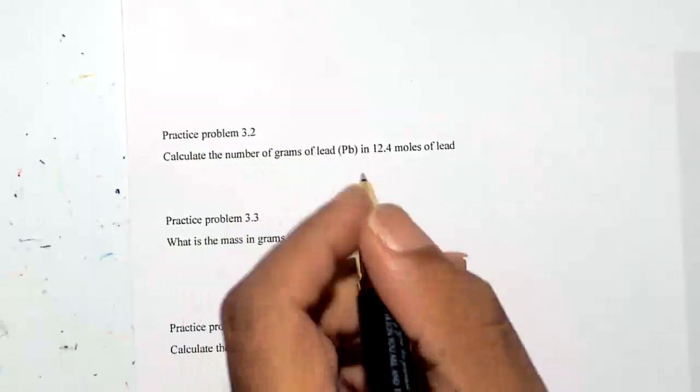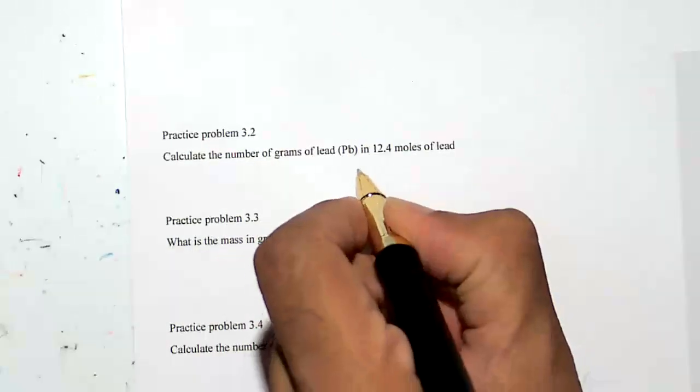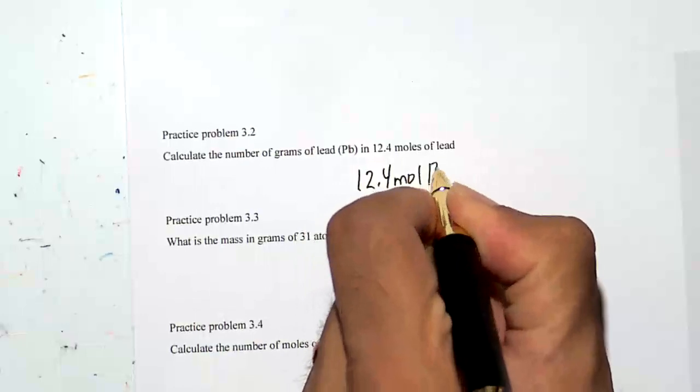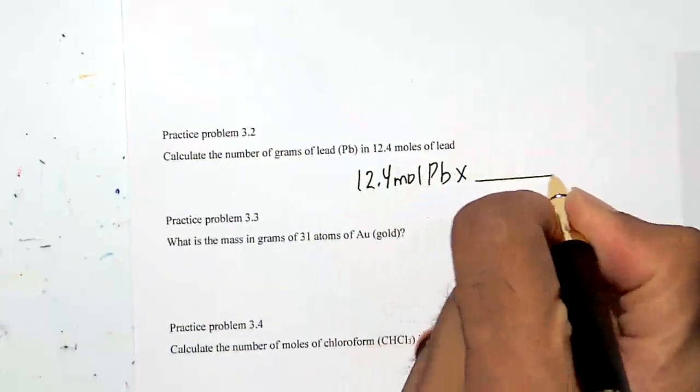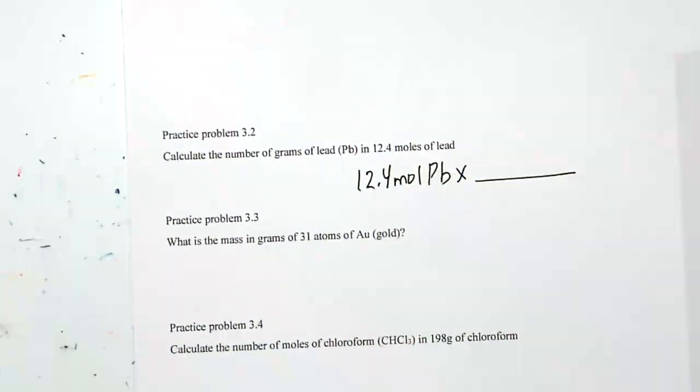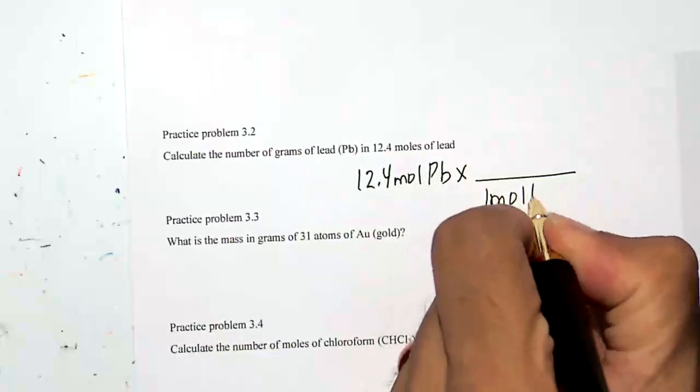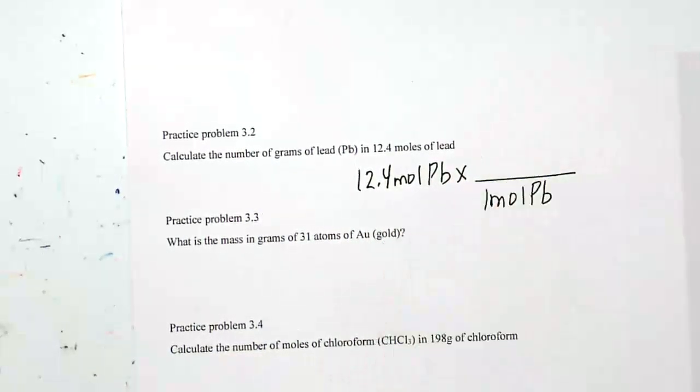Yes, we will add the atomic weights. Here we're only looking at lead. Okay, so start with what we are given, 12.4 moles of lead. Okay, 1 mole of lead contains how many grams of lead? For this one, we will look for lead in our periodic table.